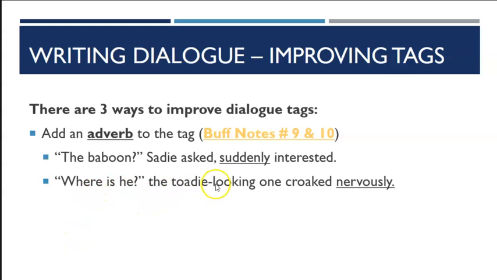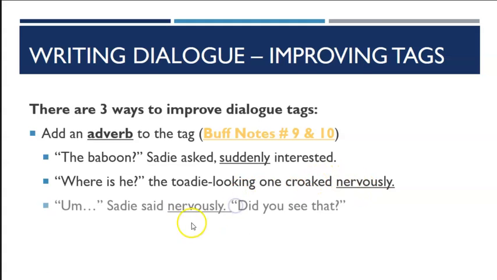"Where is he?" The toady-looking one croaked nervously. So nervously here is telling us about croaked, which is a synonym for said, right? So one of those said is dead words. And both of these together, croaked gives us one sense of the emotion. Nervously tells us to what extent he's feeling that, like he croaked, right? And then, "Sadie," I said nervously.